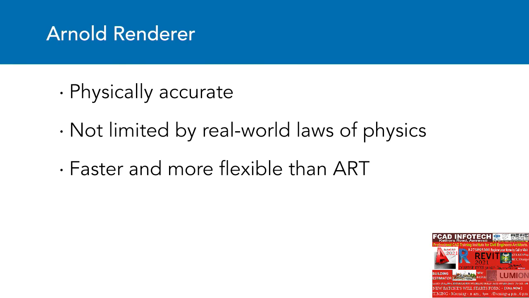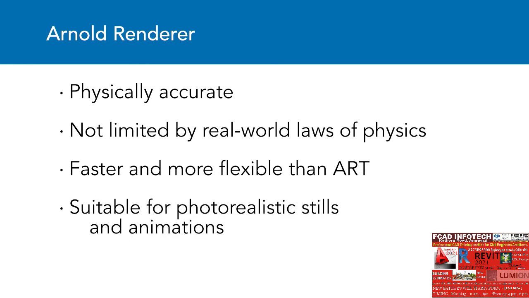Under similar conditions, the Arnold render will complete before the ART render will. Because of all these factors, Arnold is the best renderer all around in 3ds Max currently. It's suitable for photorealistic still images and animations, whereas ART, because it's slower, is really only best for still imagery. And those are the options for rendering in 3ds Max 2018.